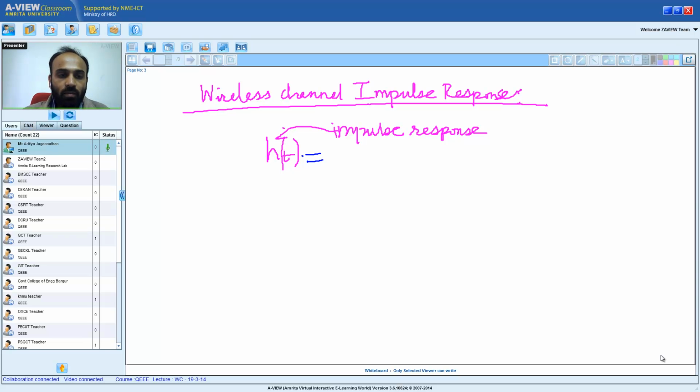Therefore I can represent the impulse response as a sum of delayed and attenuated impulses, right? So this is t minus tau i, i equal to 0 to L minus 1. The impulse response of the wireless channel is the sum of several impulses.